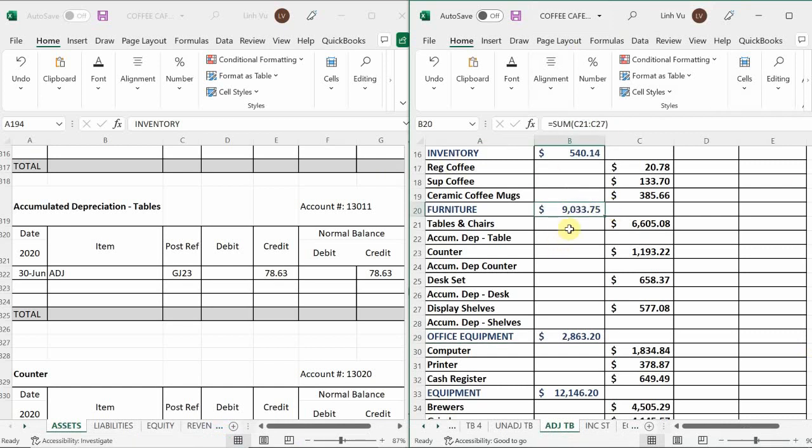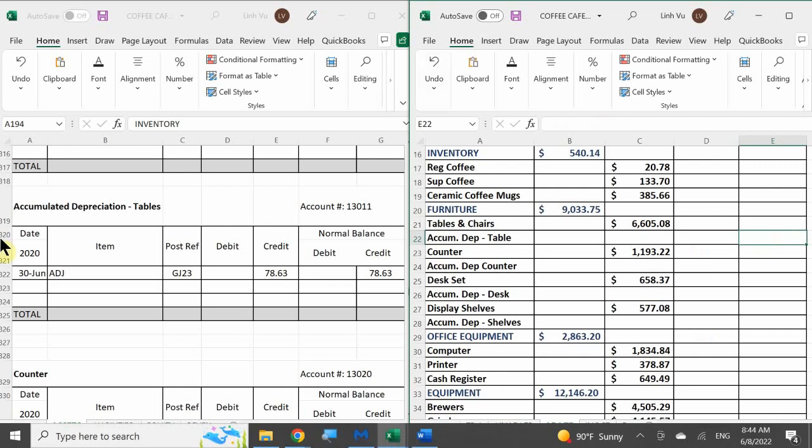So right now, before my depreciation adjustment, my fixed furniture assets are a total of $9,033.75. But because these are contra accounts, we have to keep in mind that the contra account will affect the main account, because that's exactly what it's doing right here. So I'm going to have to subtract all of these credits because they are contra accounts.